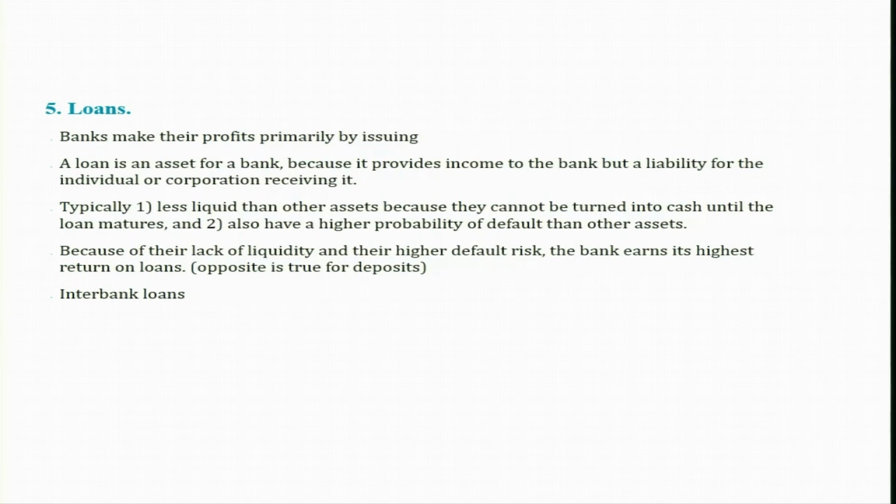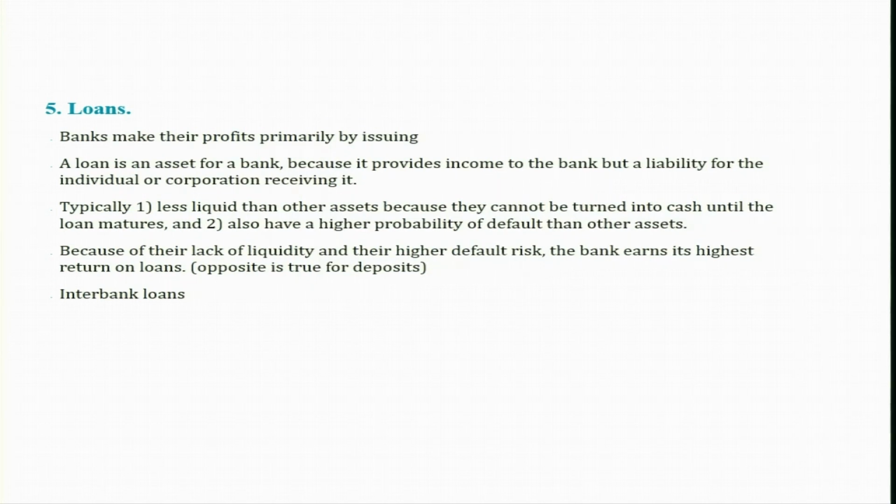This topic, that when the risk is very high the return is higher, we have covered in previous sessions. That means the higher the risk, the higher the return normally for those who issue this kind of security. Because of that, banks earn their highest return on loans.